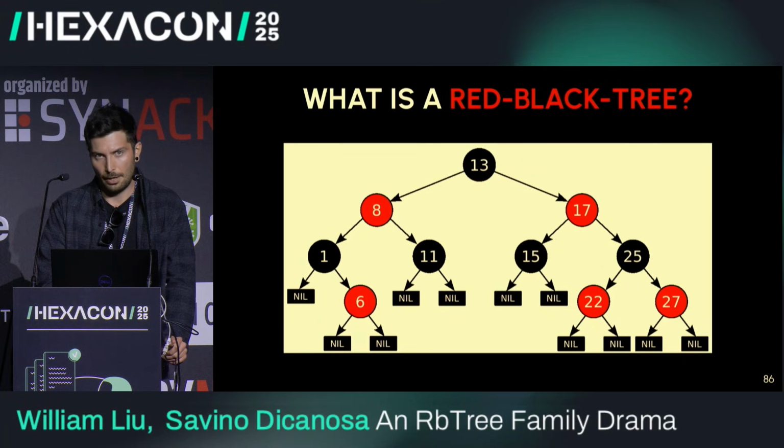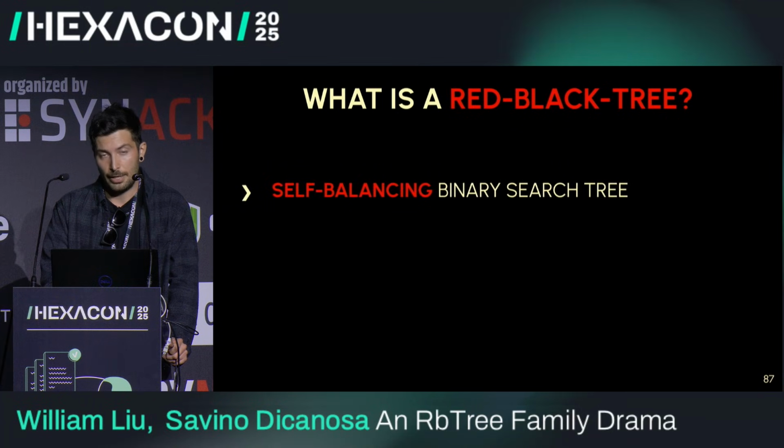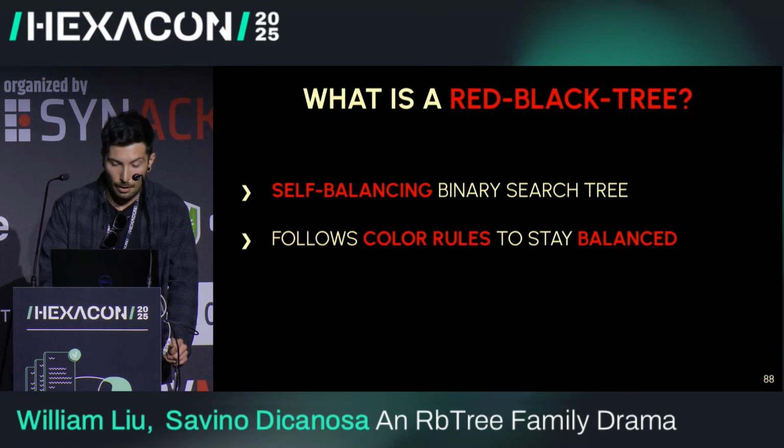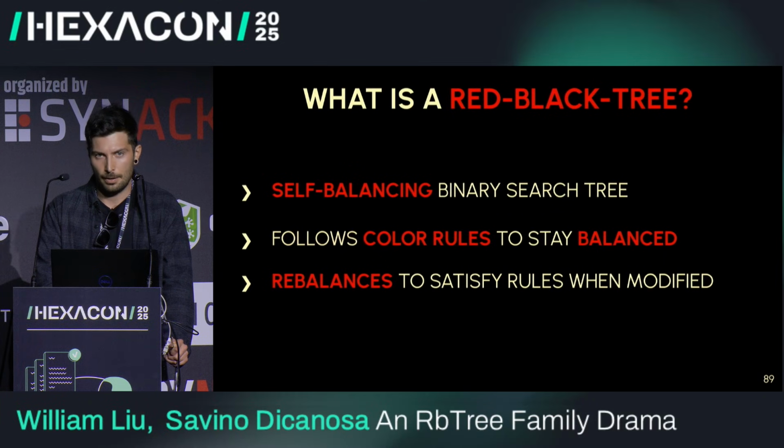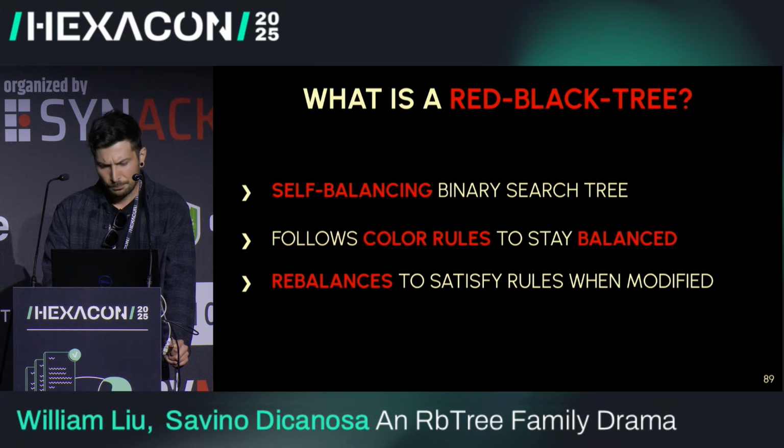First of all, what is an RbTree? RbTree is a self-balancing binary search tree that uses color rules to keep itself approximately balanced. And the interesting part is that when a node is inserted or removed, this might cause a color violation. And the tree, in that case, will need to rebalance itself to restore the red-black properties.